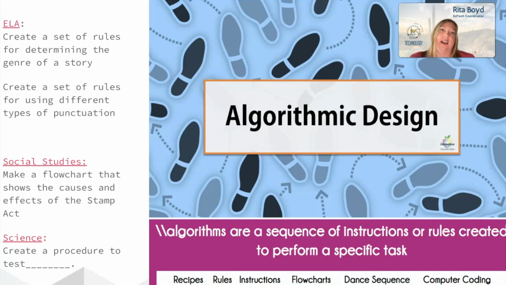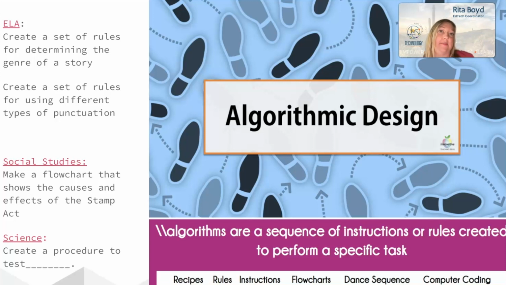And so trying to get our students into this way of thinking where they're the ones creating the algorithm at the end of the day, that's going to help our students be more critical, be more creative, and be more innovative. So algorithmic design is at that end process of computational thinking.